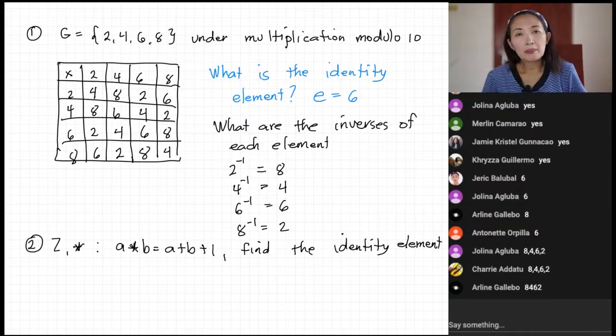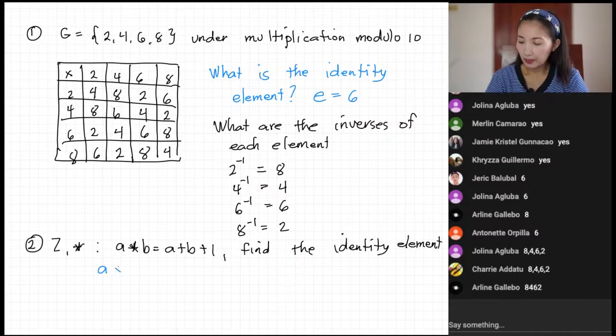By the identity element, we mean an element such that when we operate A with this identity element E, just a representation, it should give A itself. A should also be the result if E is the identity.